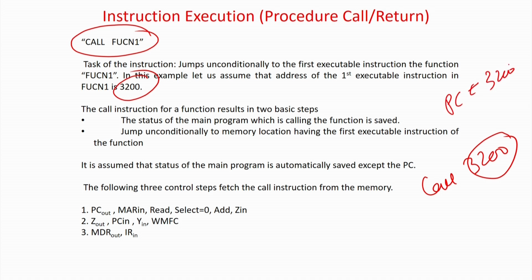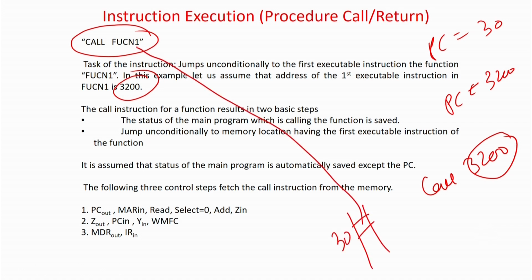But before that, maybe the program counter is at 30. Memory location 30 has the function call that will jump to 3200. So, before making the program counter 3200, we have to store the value 31, that is the next location, in a stack, because when I return, I have to start executing from 31.